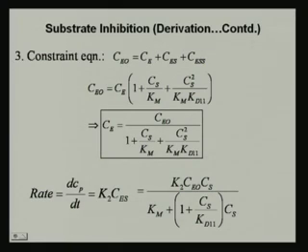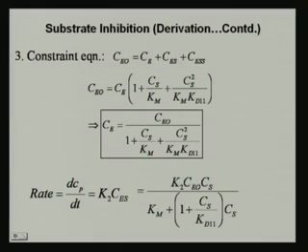So this is not Michaelis-Menten kinetics. That is the most important thing. When you have substrate inhibition, it's no longer Michaelis-Menten kinetics. That is what I want you to notice at this point.